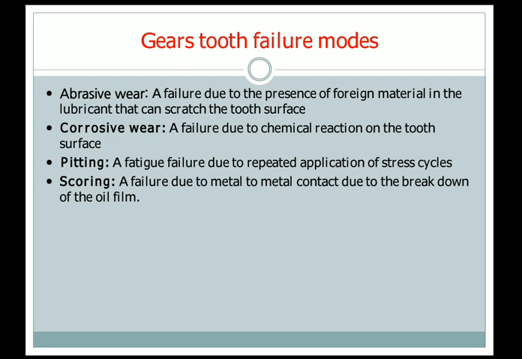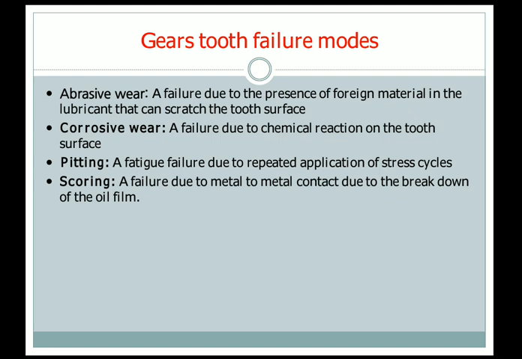Next is corrosive wear, a failure due to chemical reaction on tooth surface. Corrosive wear or corrosion is a type where iron reacts with the oxygen present in the atmosphere and forms iron oxide.